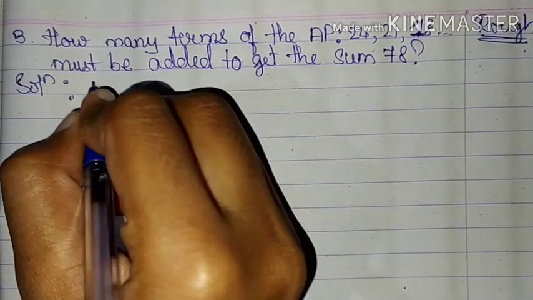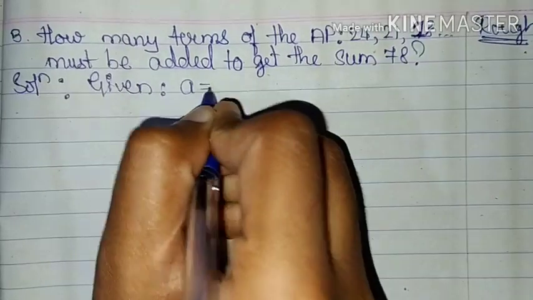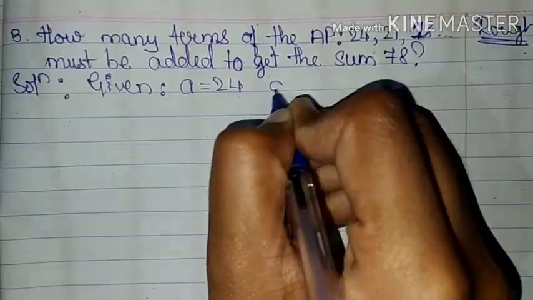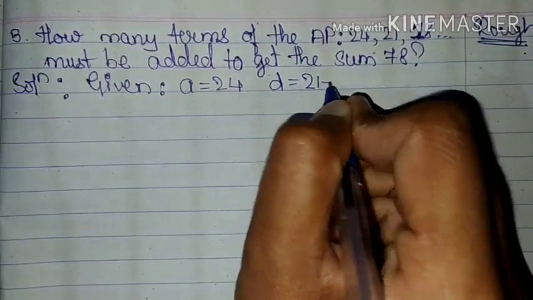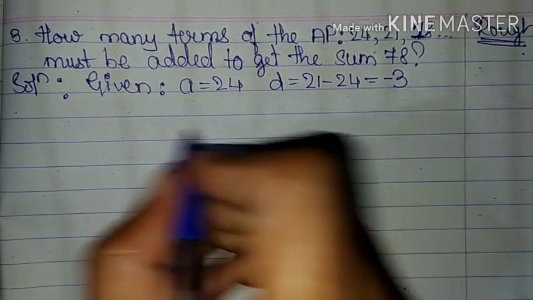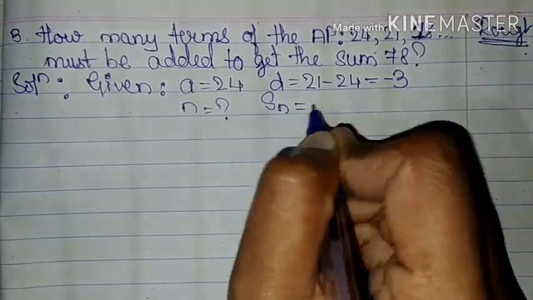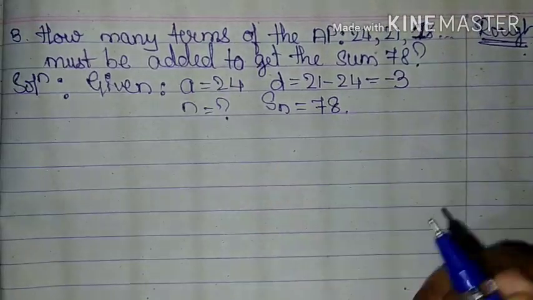So given a is equal to 24, d is equal to 21 minus 24, which is nothing but minus 3, and we don't know n, but Sn is equal to 78.